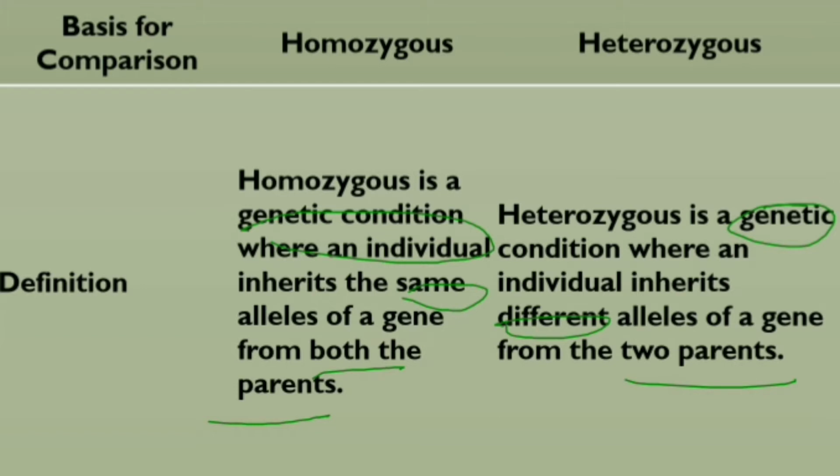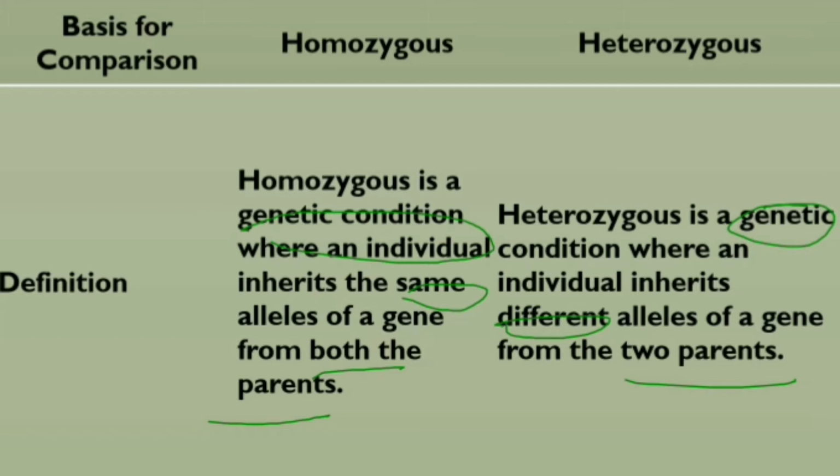A gene has two alleles, so if the two alleles inherited by an individual are the same, then it is homozygous, and if they are different, it is heterozygous. So this is the basic difference between homozygous and heterozygous.